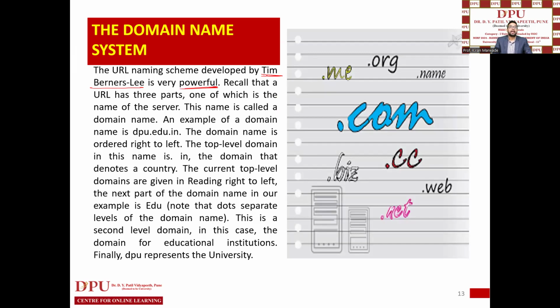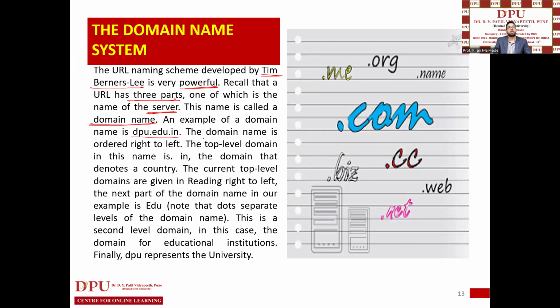Recall that a URL has three parts. One of them is the name of the server, which is called the domain name. An example of a domain name is dpu.edu.in.